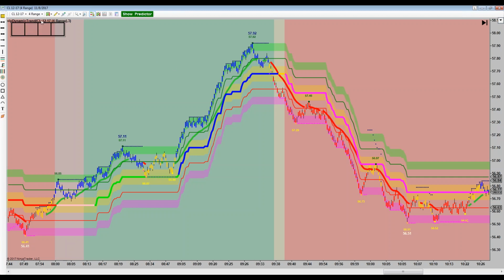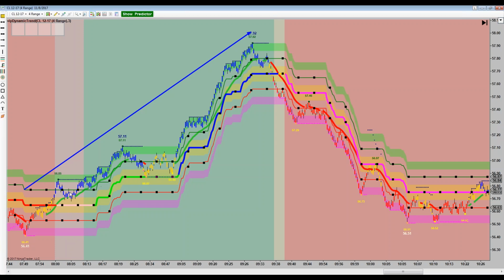So for instance, over here, you can see on crude oil that you are going up, generally in this area right here. And when you're going up, of course, you have the green background. Bars are predominantly blue. Your band and the mid band, all the bands here, are stair-stepping up, stair-stepping up, stair-stepping up. And so what types of trades do we take when the market's going up?